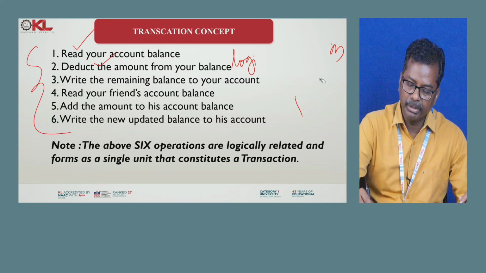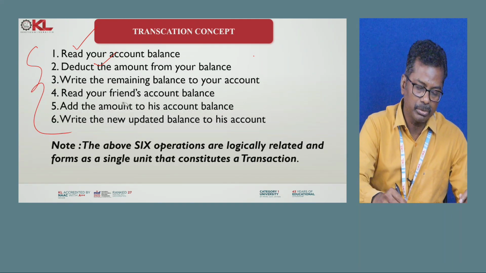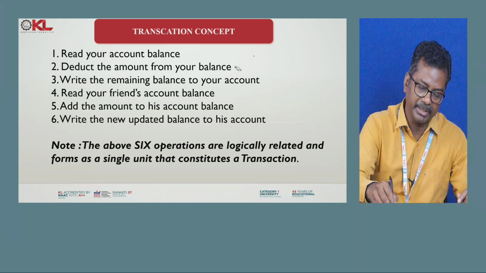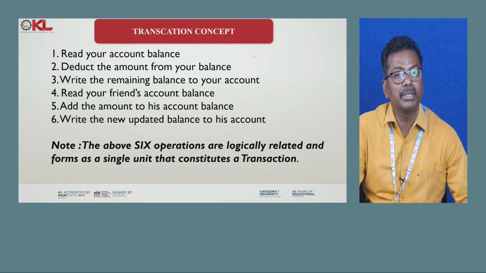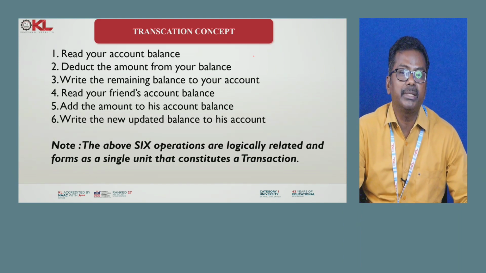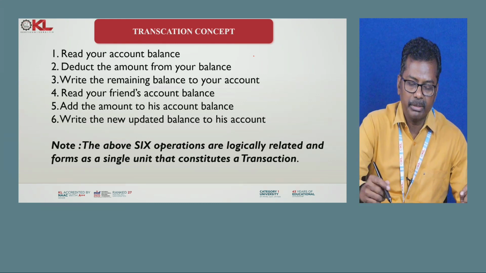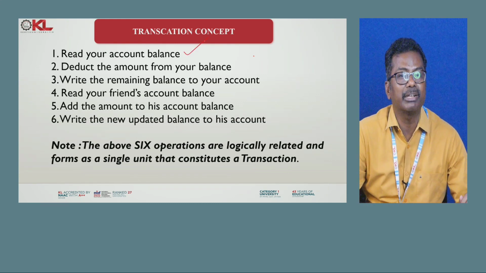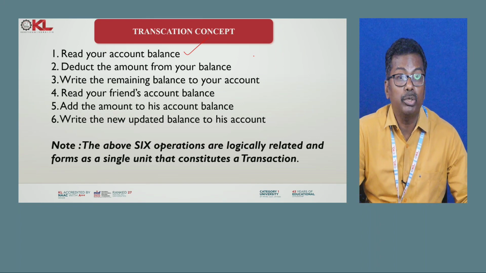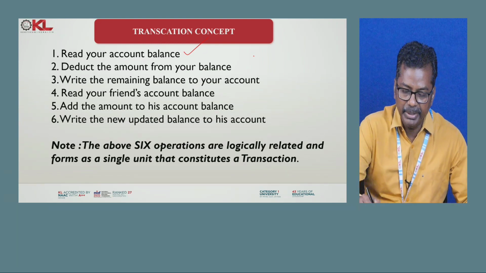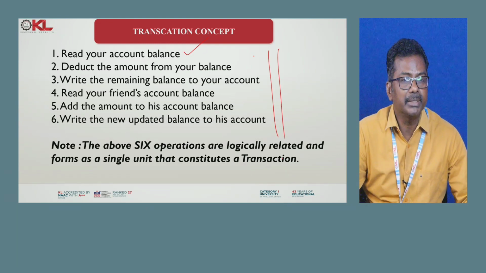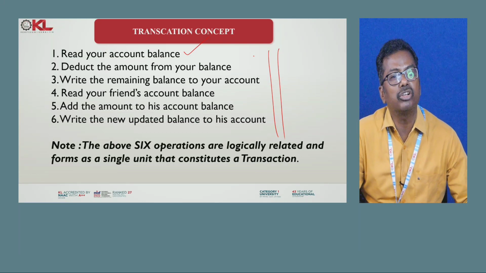If you want to transfer the amount to your friend's account or anybody's account from your account, you are supposed to see whether sufficient balance is available in your account. So that's why the first activity is reading your account balance, because without the balance you cannot transfer any amount to your friend's account. So you can notice that these 6 operations are logically related.